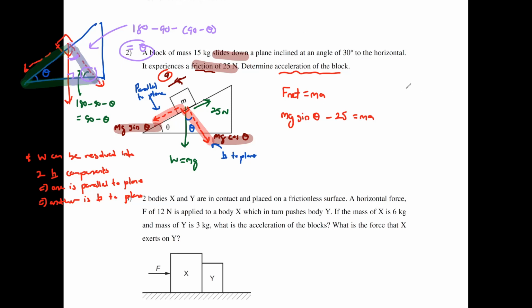So the thing to recognize here is: only consider the forces along the direction of a.